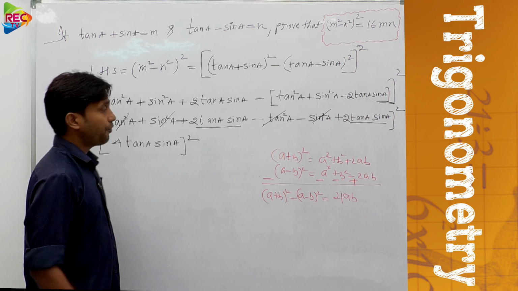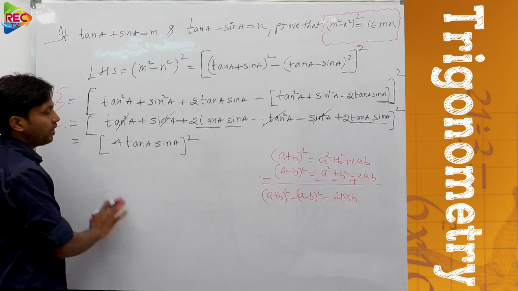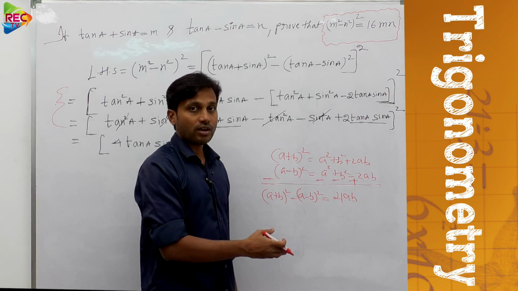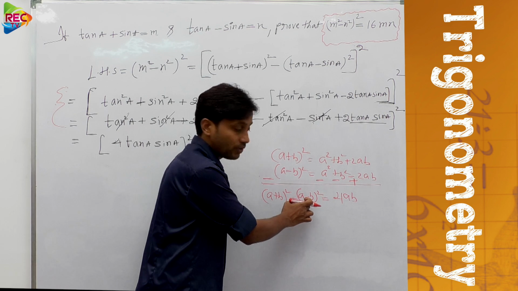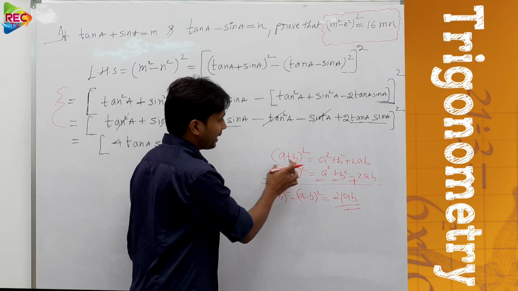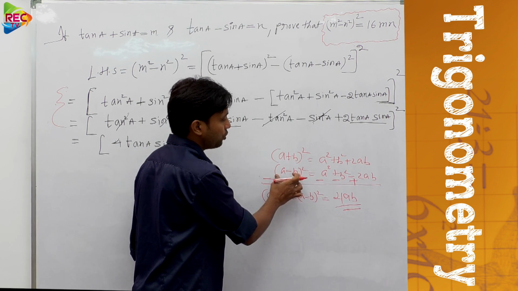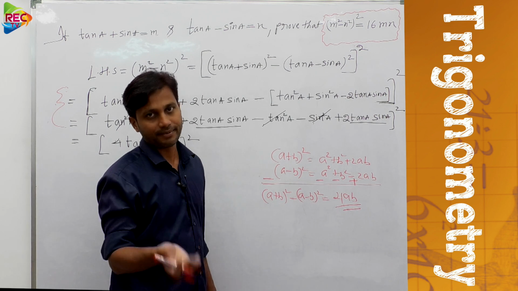4ab. So if you want to skip these two lengthy expressions here, then what can we do? You must have awareness of special products like a plus b whole square minus a minus b whole square. This simplified value would always be 4ab. Means you don't need to write this entire expansion and go for cancellations again and again.